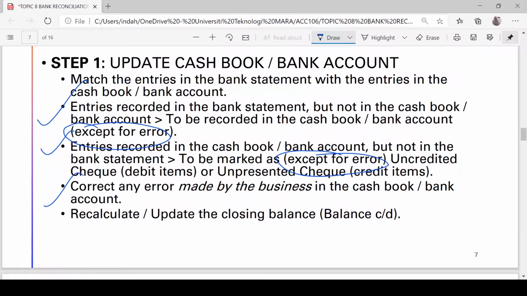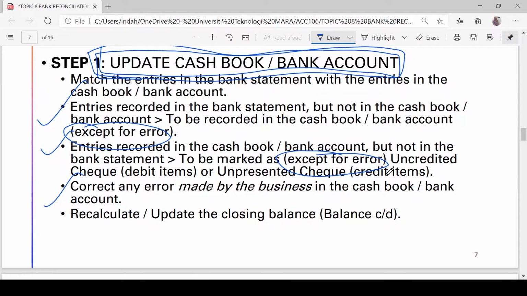So these are the things that you have to do with your cash book or bank account. You hold your cash book, and then you match the entries in the bank statement, and you find out which transactions are not yet recorded in the cash book, or recorded in the cash book but not yet in the bank statement.